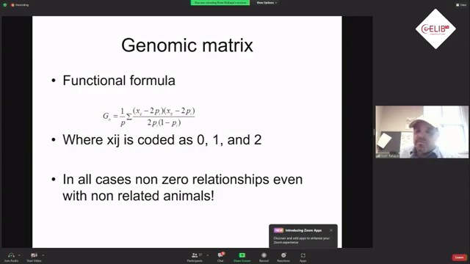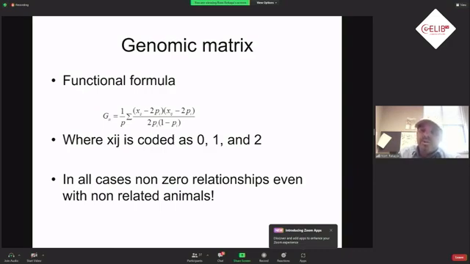Not necessarily. It's much simpler. It's just due to the fact that blood relationship tracks identity by descent. However, there is another identity, identity by state.